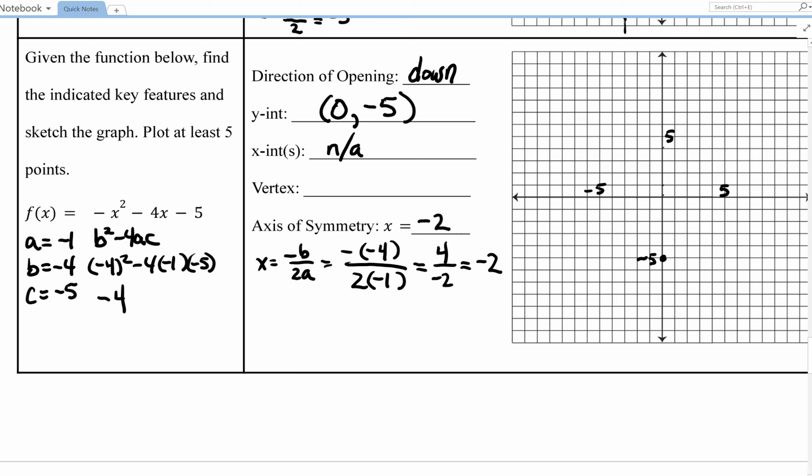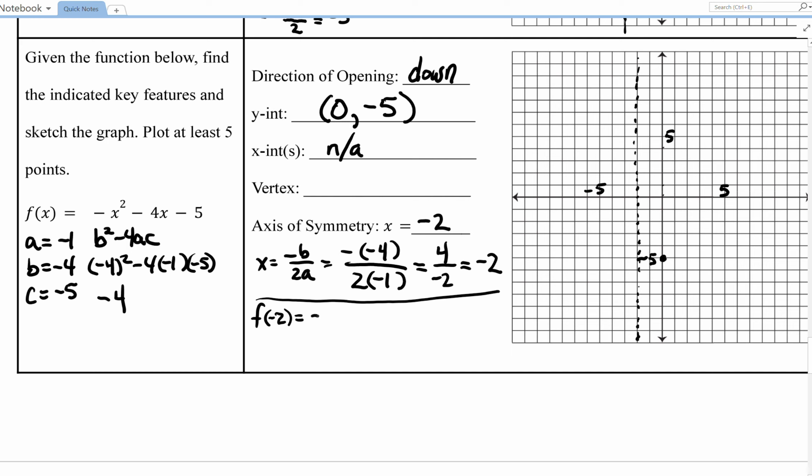And that means if I go over here, along that dotted line at x equals -2, that's where my vertex is going to be. And so to know where the vertex is, I'm going to plug it in. What is f of -2?